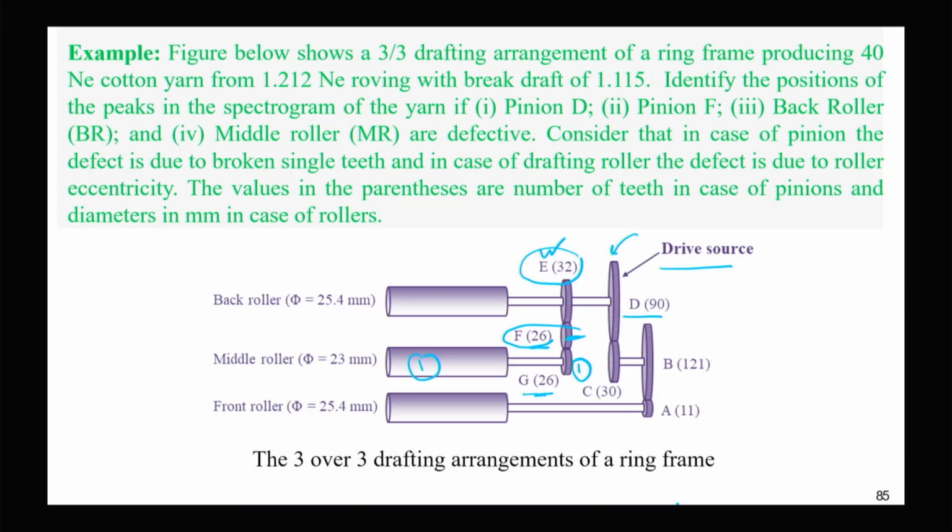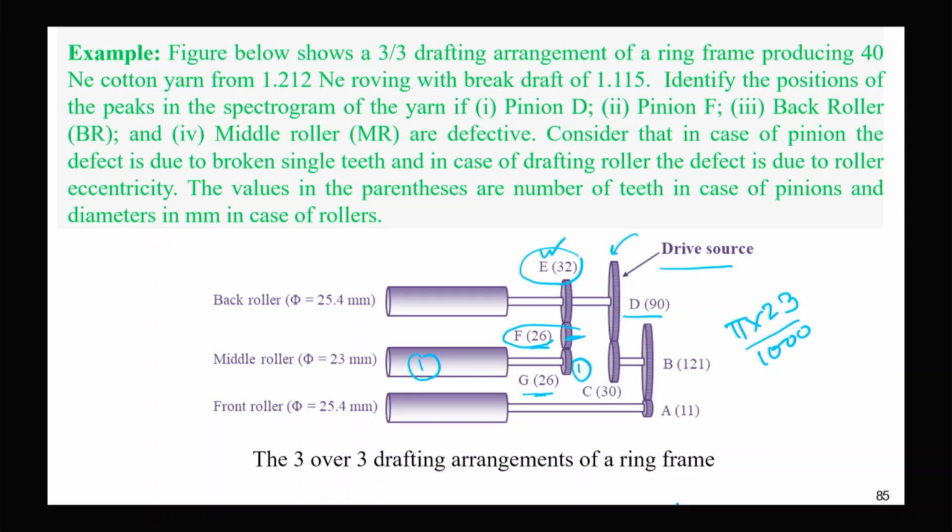So for one revolution, the circumference of the middle roller will be pi times 23 millimeter divided by 1000.